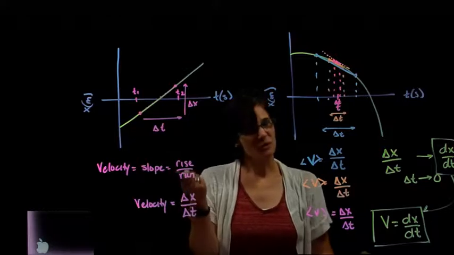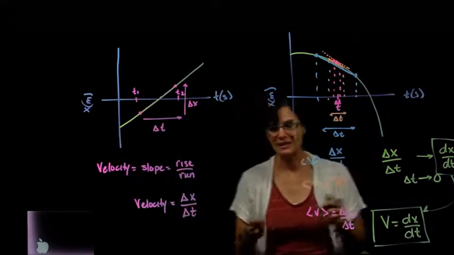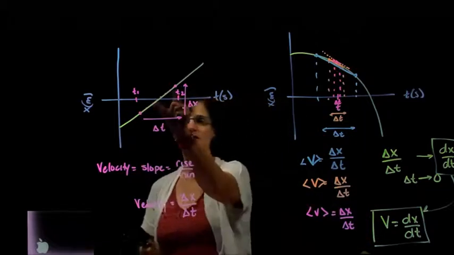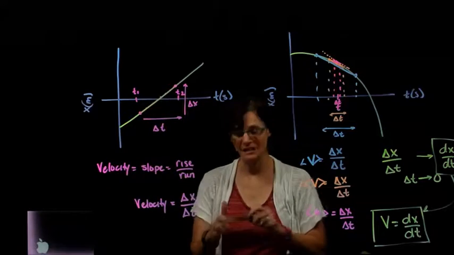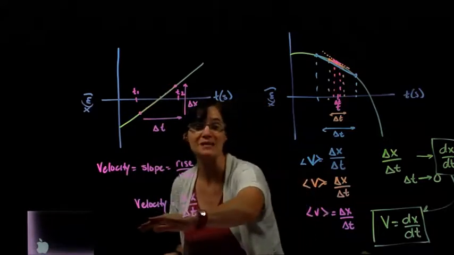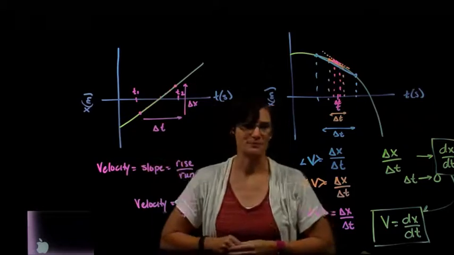Does that work over here? Does it give us what we want for constant motion? Yes, it does, because as these two points in time get closer and closer together, I'm still along that same line, and I get the same velocity value, which is constant along that line.